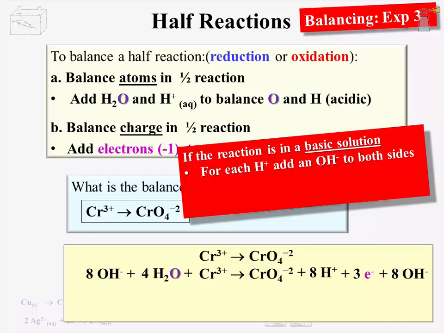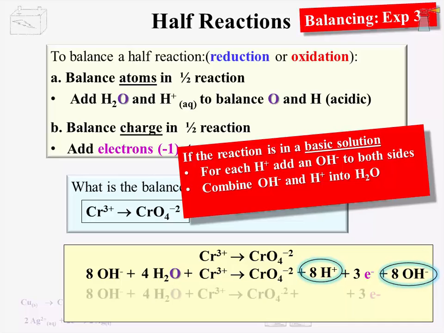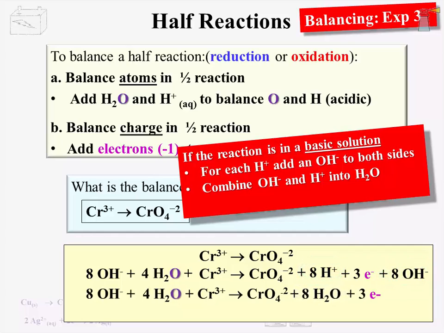The second part is to combine hydroxyls and hydrogen ions into water. This is the same reaction covered in the acid-base series of lectures. On the product side, there are 8 hydrogen ions that can combine with 8 hydroxyl ions to form 8 water molecules.